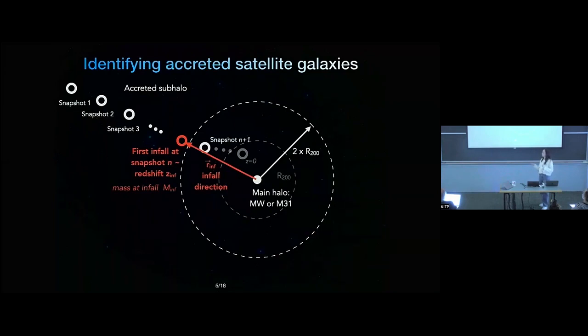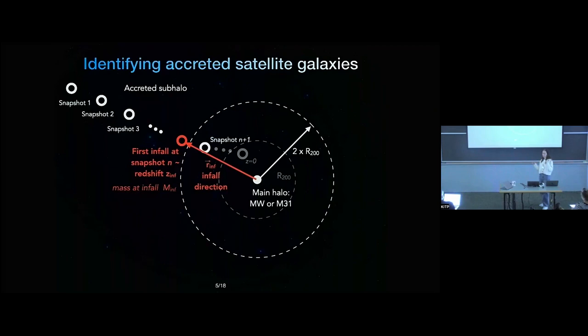The moment of accretion is defined when the subhalo crosses the inflow threshold that we define either at R200 or 2 times R200. We will see later. This can be done by examining 2 adjacent snapshots. So a subhalo is accreted when in the latest snapshot it is inside the inflow threshold, and in the earlier snapshot it is outside.